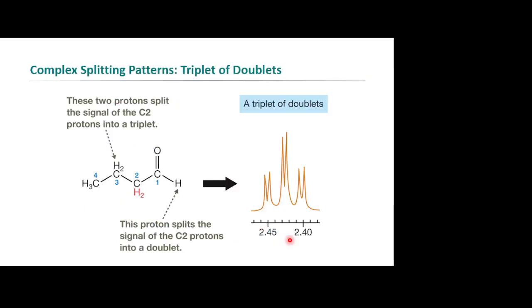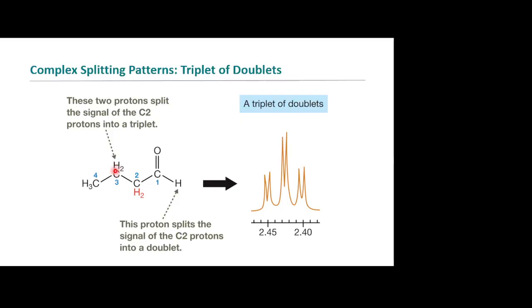Now, this right here is going to be a triplet of doublets. I know. So fun. Now, so we have the 2 protons here. These are going to be split. This proton is going to split the two protons into a doublet then, right here.